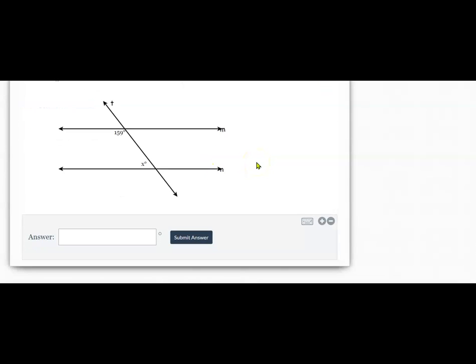Let's do this again. This is an interior angle here, and it's obtuse. This is also an interior angle here, but it's not alternating, and it's acute. These are what's known as same side inside supplementary angles.